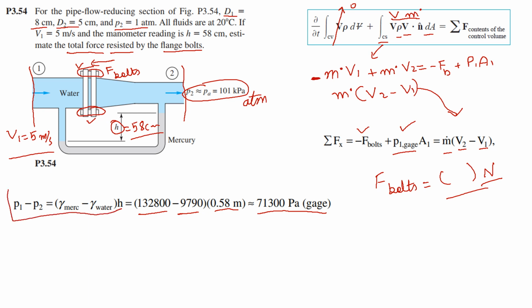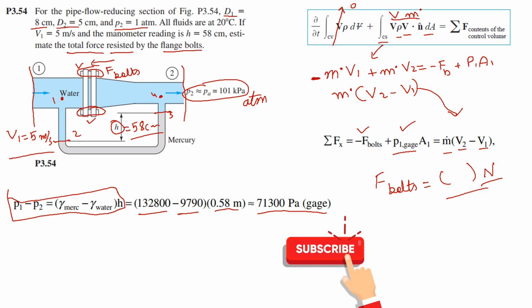You can use this manometer as we did in the previous problem by taking 2 points here at point 1 and at point 2 at the same height, and using these points inside the manometer 1, 2, 3 and 4. So you can use these graduations and find your P1 minus P2. That we have done already in the previous problem, so I'm not going to do that again, because P1 minus P2 will come out to be this. So you can do this to find P1 minus P2.